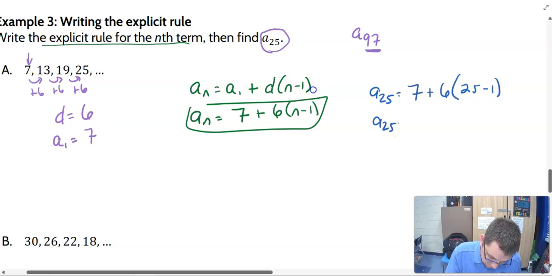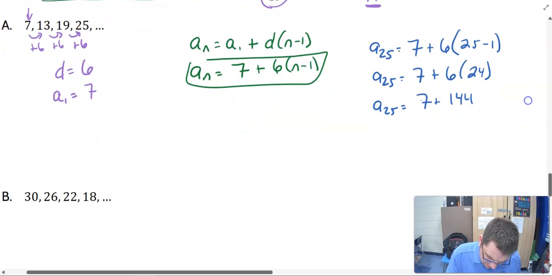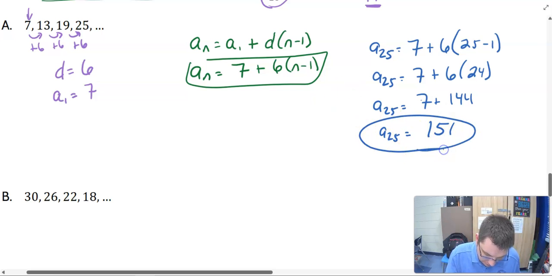And so a sub 25 is equal to 7 plus 6 times, 25 minus 1 is 24. And then 6 times 24, that's 144. And then we got to add 7 to that. So the 25th term of this sequence is 151.